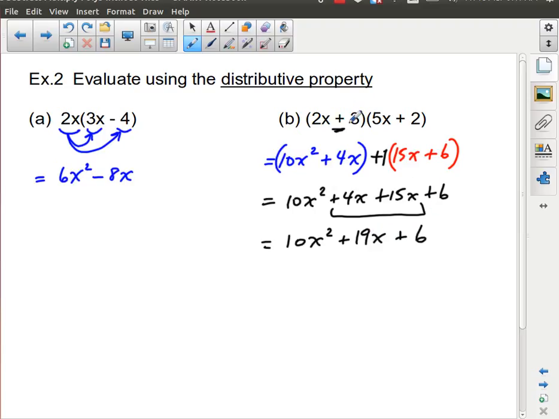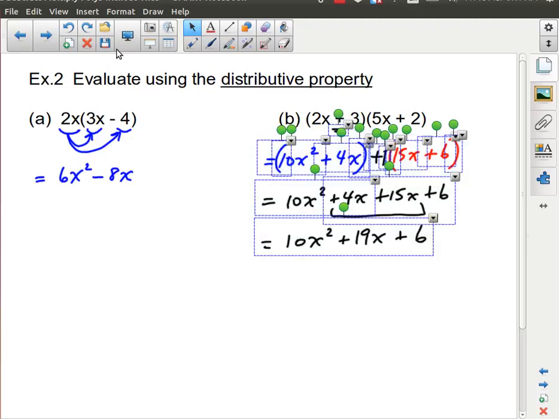Now, I don't want you going through this process where you are crossing out one term and then doing a distribution, that sort of thing. We want to get here in a more streamlined way, so I'm going to now show you what the distributive property is supposed to look like for a problem like this.